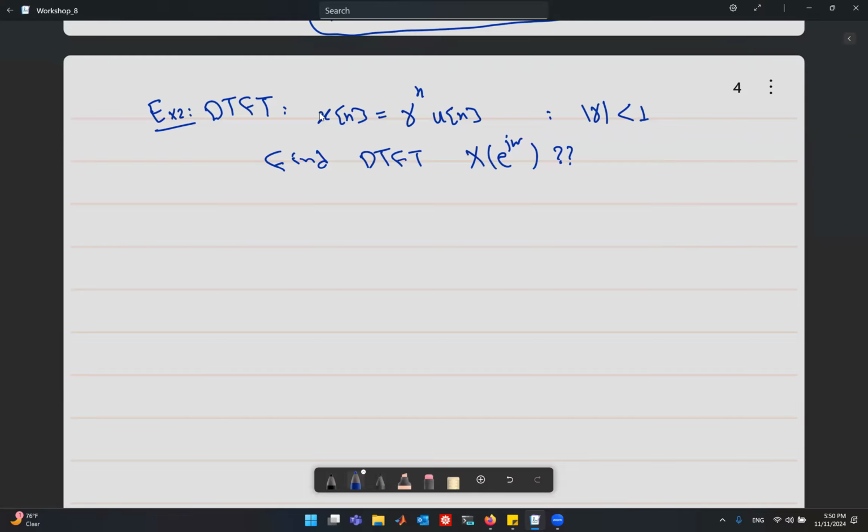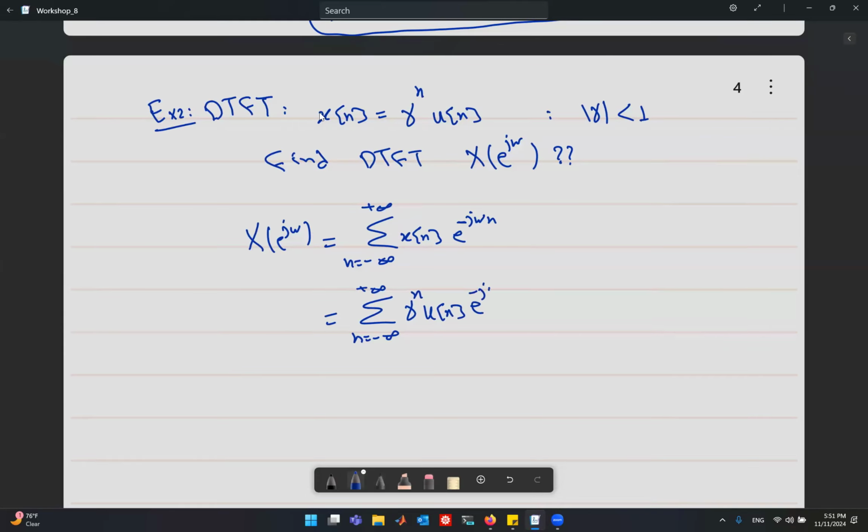Now we'll use the analysis equation, a summation from minus infinity to plus infinity of x[n] exponential minus j omega n. If we substitute this signal in here, we get the sum from n equals minus infinity to plus infinity of gamma to the n, u[n], exponential minus j omega n.